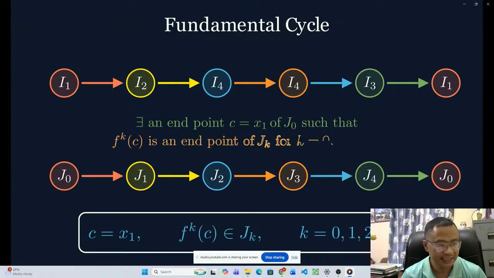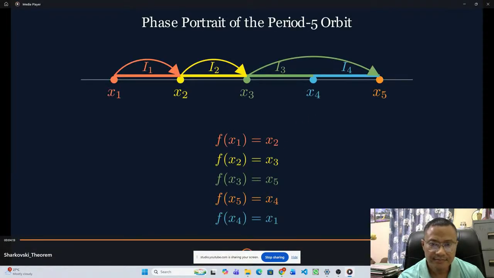So c is an endpoint of J0 such that f^k(c) is an endpoint of Jk, with k going from 0 to 4. Therefore, the cycle is a fundamental cycle for the given periodic orbit of period 5. So that is how we find a fundamental cycle.